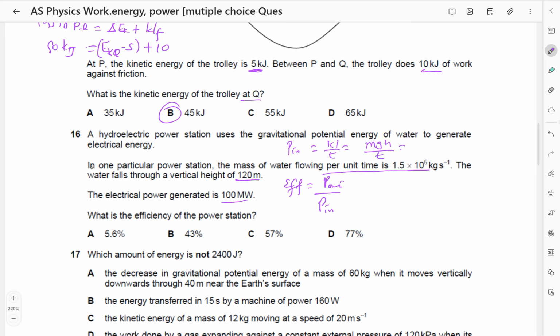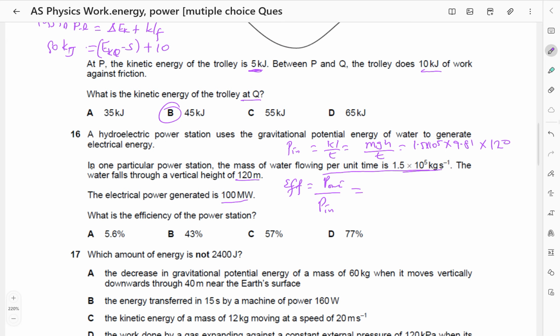So that will be the power input. This is going to be equal to the mass, which is 1.5 times 10 power 5, times g, which is 9.81, then times h, which is 120. Of course, m over t is what has been given here.